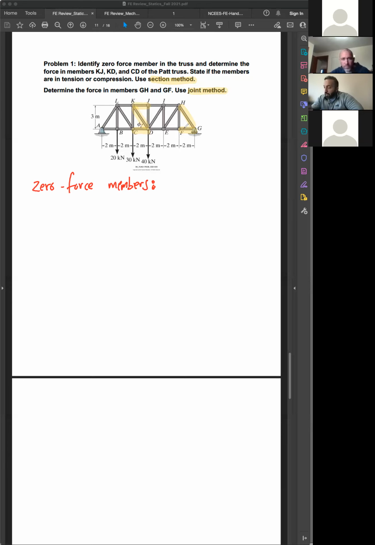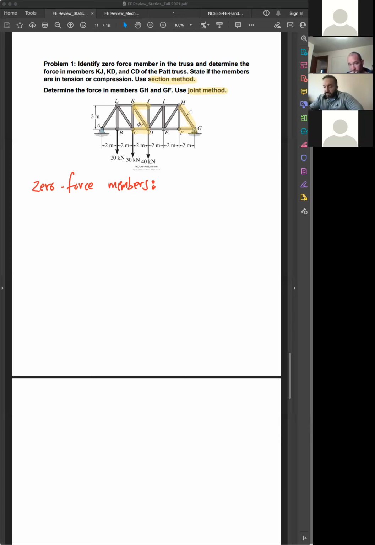All right, so let's look at it. Look at HF. EF and FG are collinear, correct? They are in the same line. No external forces at F, and the third member is connected to this common joint.